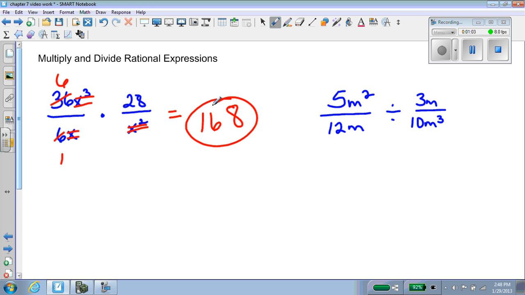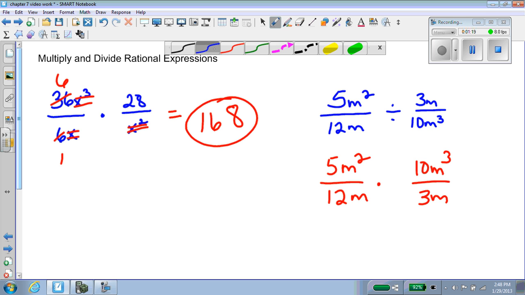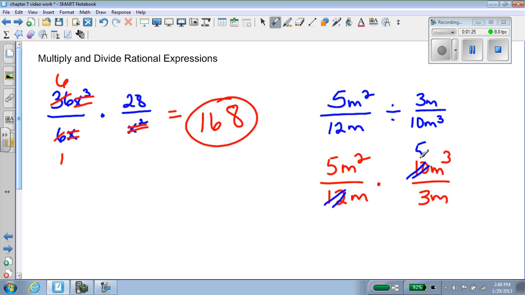Here's a division problem, which I'm going to rewrite. 5m squared over 12m multiplied by the reciprocal, 10m cubed over 3m. And then let's think number-wise. Coefficient-wise, this would be divided by 2, so we get 5 and 6.